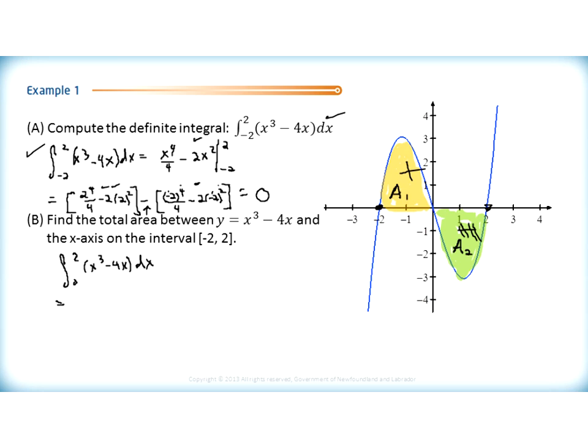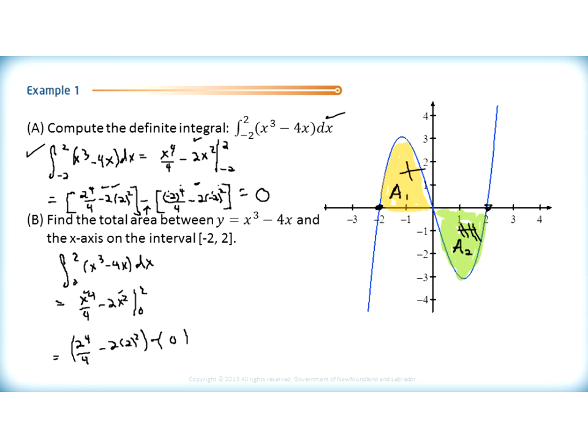So that's going to be x to the power 4 over 4 minus 2x squared from 0 to 2. So that's 2 to the power of 4 divided by 4 minus 2 times 2 squared. And then subtract, and I'm going to cheat a little bit here. I'm just going to say subtract 0, because both of these evaluated at 0 will be 0, won't they? So let's allow ourselves to cheat a little bit there.